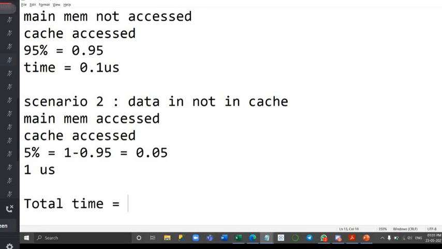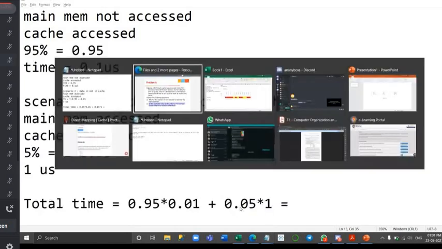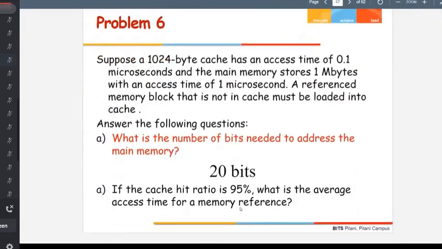So first we're taking the cache hit time. The cache hit ratio, 0.95, is multiplied by the cache access time, plus now we're taking the cache miss part: 0.05, which is 1 minus 0.95, 1 minus cache hit, multiplied by the memory access time. What you get here is the entire time for referencing.